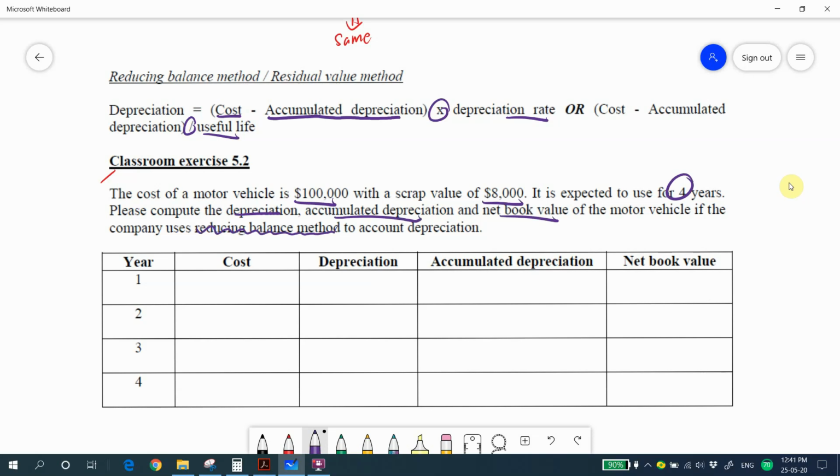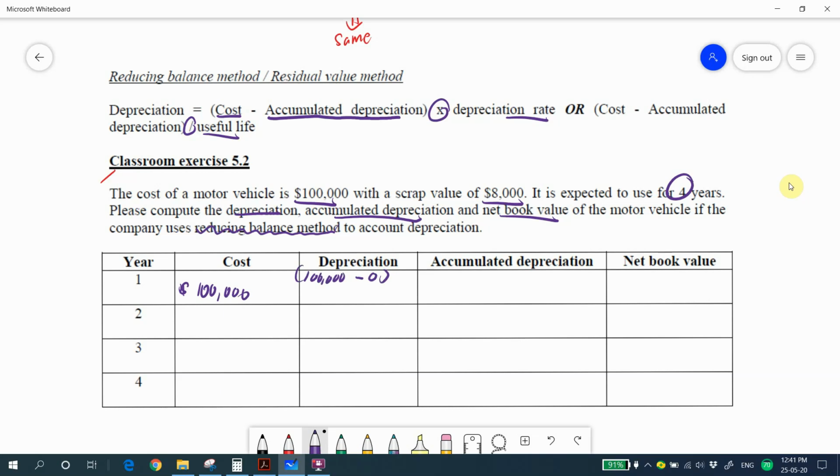So let's start and see the difference between the reducing balance method and the straight line method. The cost of the asset is 100,000. For depreciation, we use 100,000, which is your cost, minus accumulated depreciation. For the year 1 purchase asset, you will not have previous depreciation, so your accumulated depreciation will be 0. Why 0? Because this is a first year purchase asset.